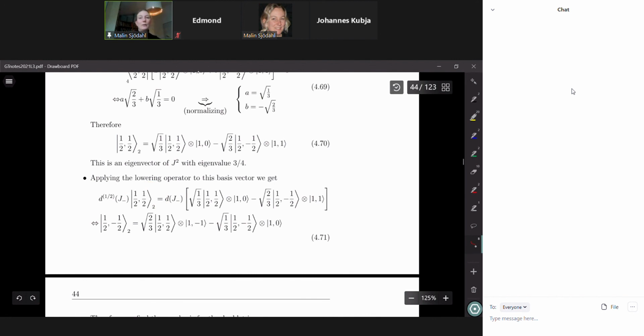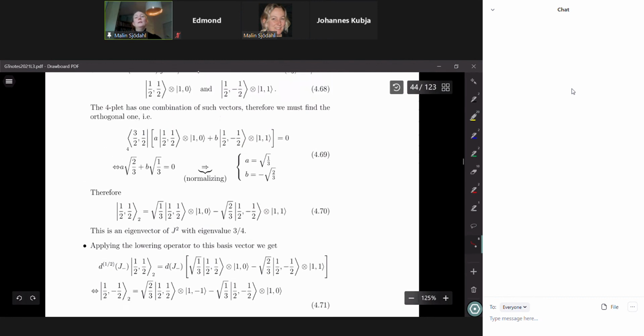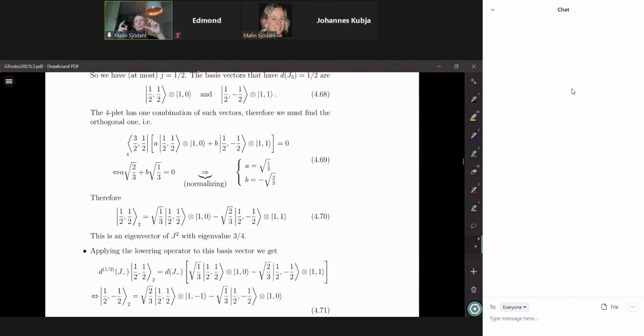So there we could have made an inconsistency in the choices, if we would have picked the wrong sign. If we could have picked both by saying they should be orthogonal, we could have picked them in an inconsistent way. But for the first one, or whatever one you choose to pick, you could have picked the lowest state as well and acted with the raising operator instead. It would also work. But for the first one, you had a degree of freedom.